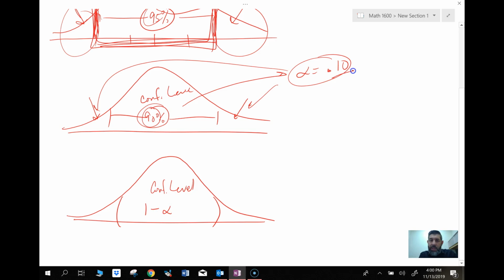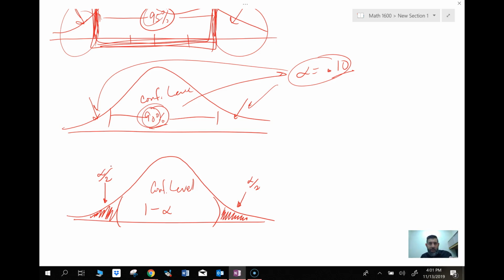If alpha was 10, the confidence level is 90. If alpha was 5, the confidence level is 95. And what's this space left over here? We've got both spaces, so this is alpha divided by 2, and this is alpha divided by 2. That's how confidence levels and alpha levels go together.